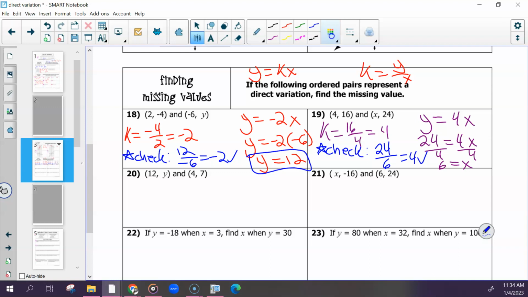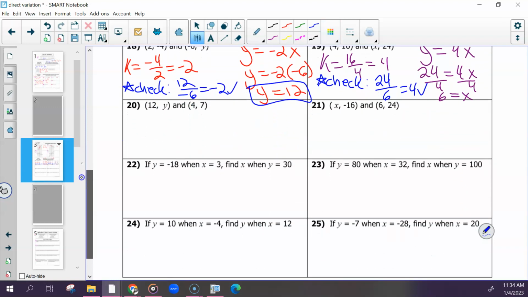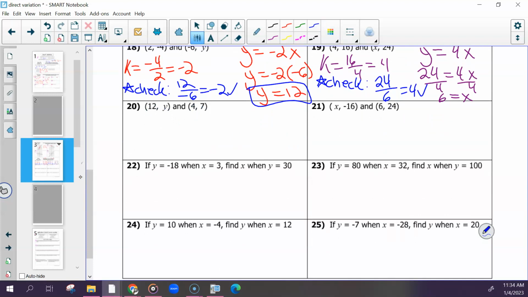These ones down here that have words are really the same thing. They're just in word format now. So we're going to do 22. Think about the first two numbers you're given as like the ordered pair. You would know both x and y. So if y equals negative 18 when x is 3, focus on just that part first. So of these two, I'm going to divide them to find k. Negative 18 divided by 3.